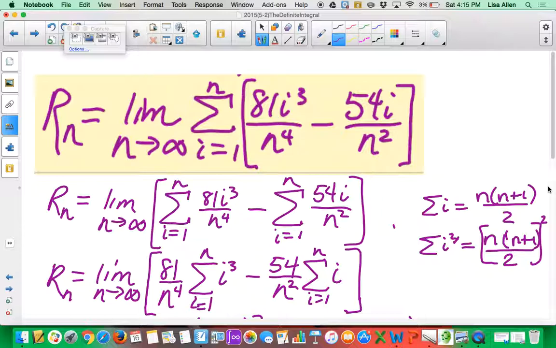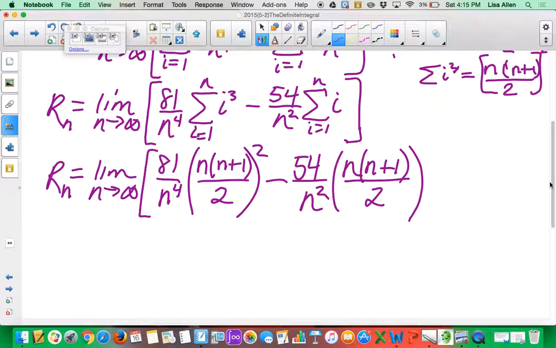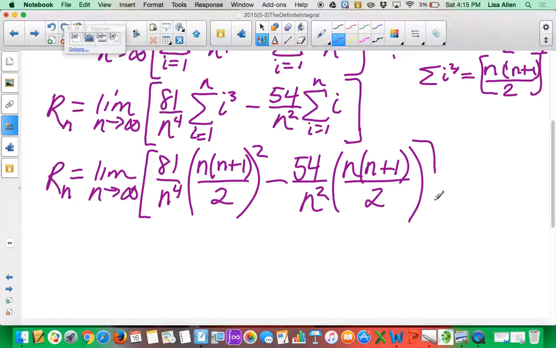And scrolling down, just taking a look at things. Okay, and then putting the parentheses in. So now we need our expressions simplified.